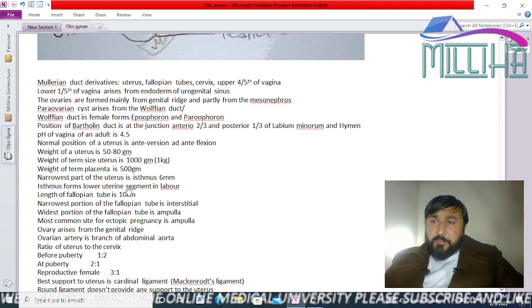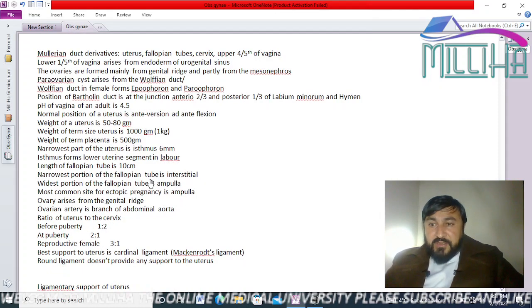Here are some very important points which I have taken here. You can take a screenshot. The Mullerian duct and the Wolffian duct are ducts from which the male and female organs are formed. Mostly the male organs are formed from the Wolffian duct, and the female organs are formed from the Mullerian duct, and both degrade in the opposite sex.